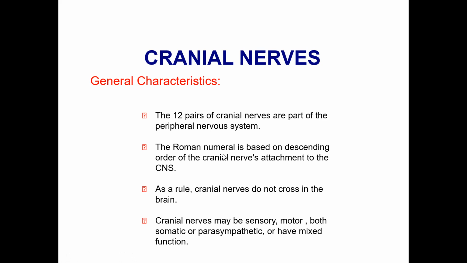So, as a rule, cranial nerves do not cross in the brain. As we see in tracts in the spinal cord, they decussate on opposite sides, but in cranial nerves, their nuclei descend directly downward and supply the cranial structures, but they do not cross to the opposite side, except for a few fibers at the optic chiasma in the second cranial nerve, the optic nerve, where some fibers decussate and cross to the opposite side.